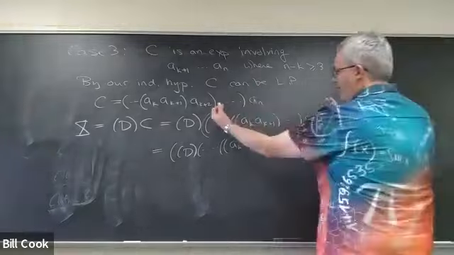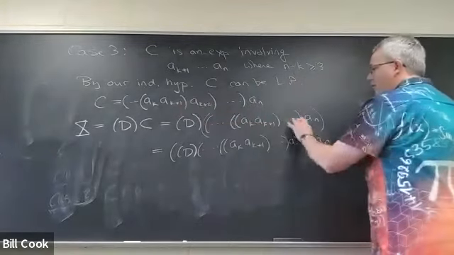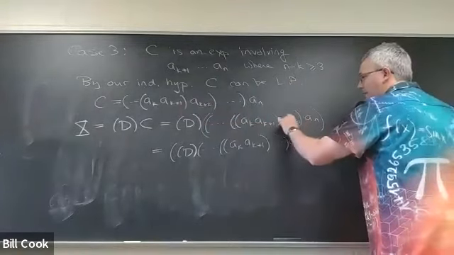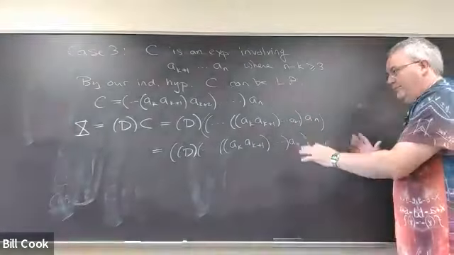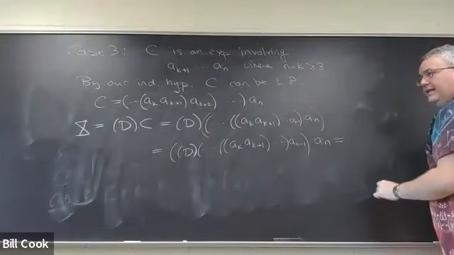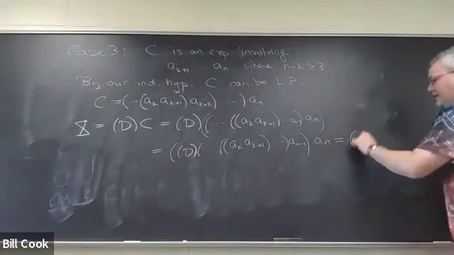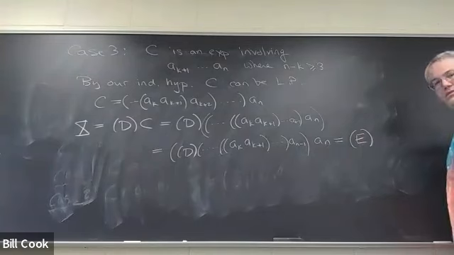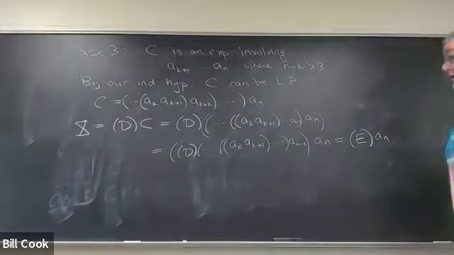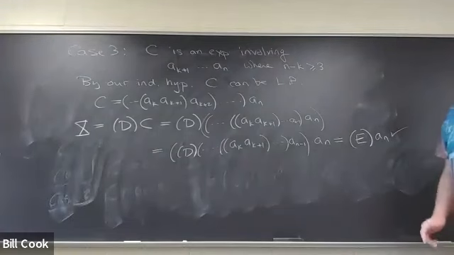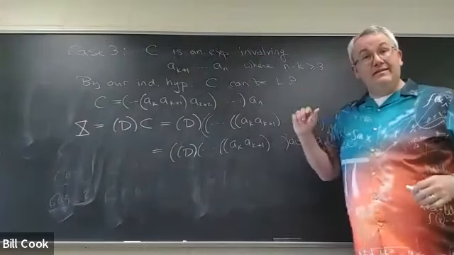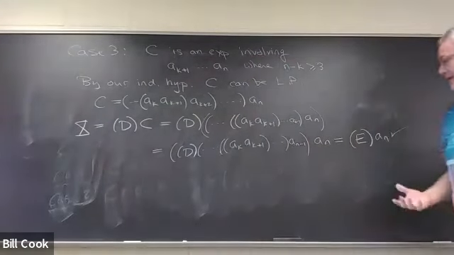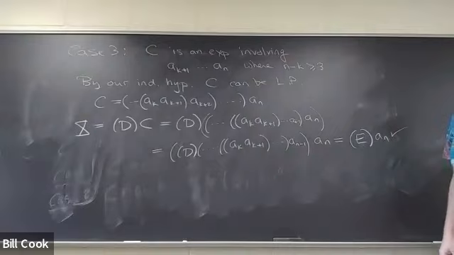So I take this outermost parentheses and just move it right over. There's an a_{n-1} right there. If you look at this expression, once again, this is some kind of expression E involving the first n minus 1 symbols, and then a_n right at the end. So in all cases, whether we just had one thing in C, two things in C, or three or more things in C, we can always rewrite X in this way.